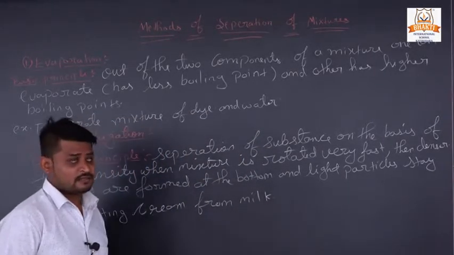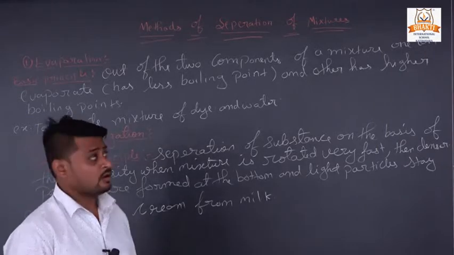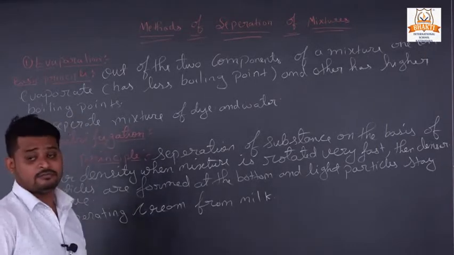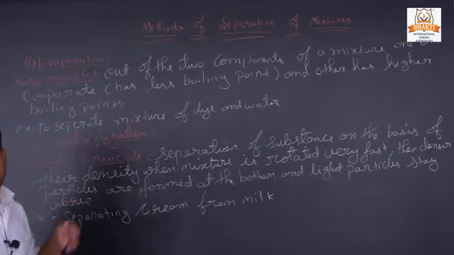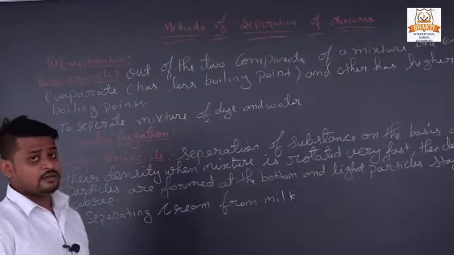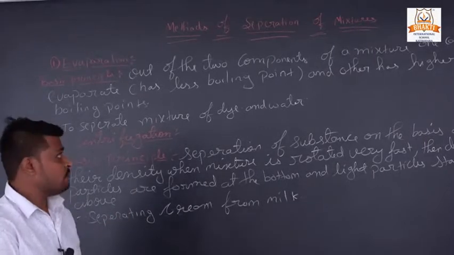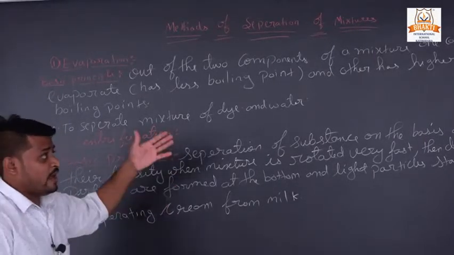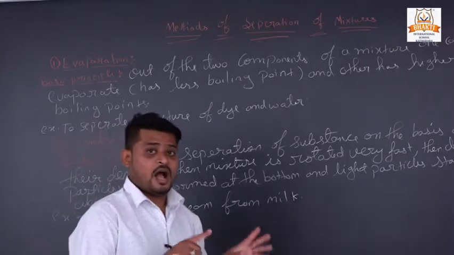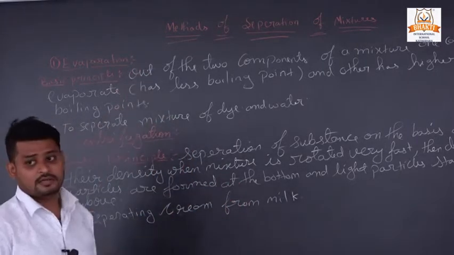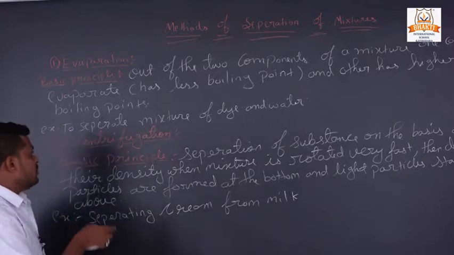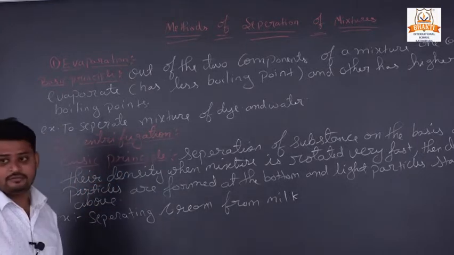So at least two components are required for a mixture. In those two components, one has a lower boiling point and the other has a higher boiling point. Then we use the evaporation method, and the example is dye and water.